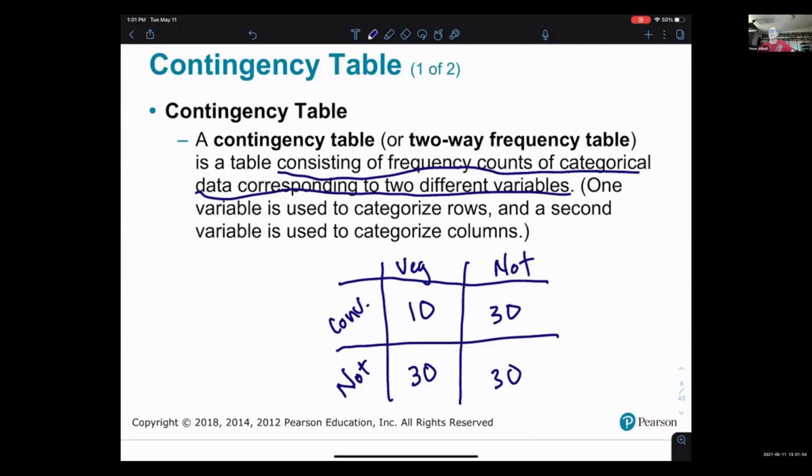So for example, if 40% of the folks are vegetarians and I look at all the convertible drivers that I picked, then I would think 40% of them would be vegetarians. And it was 10 out of 40 in this case, which is only 25%, kind of far from 40%. So there is a discrepancy there.